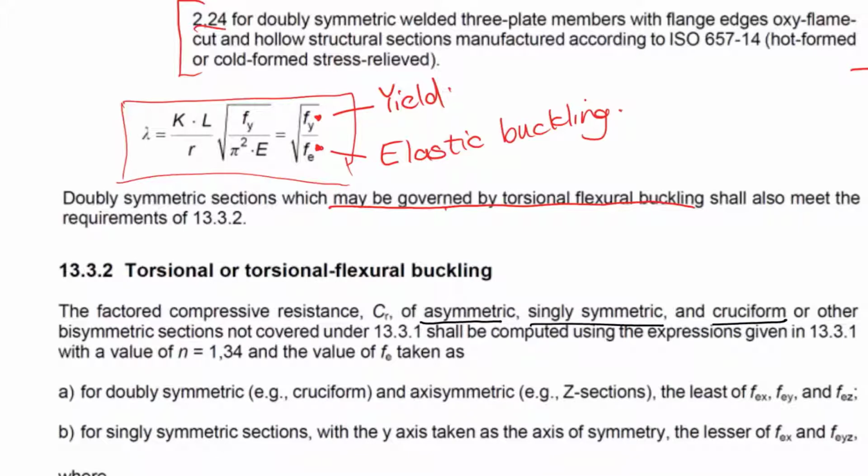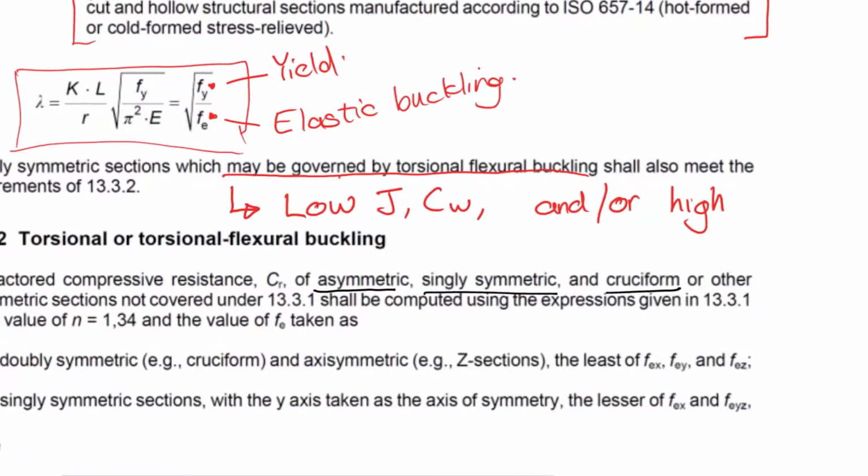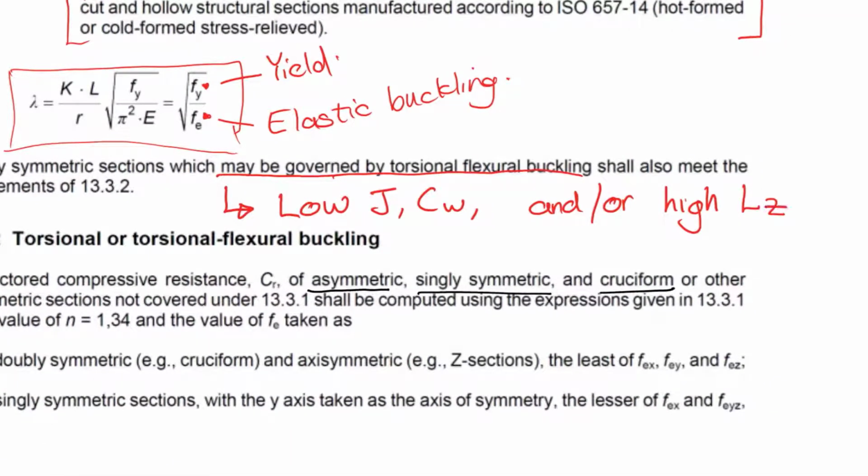From reading the code, it won't be immediately apparent, but if you understand the buckling formula, you can see where this is. These are the cases where a member experiences torsional or torsional flexural buckling. Why might it do that? It would have a low J, a torsional stiffness, a low Cw, which is a warping stiffness, and/or a high Lz, a high torsional length.